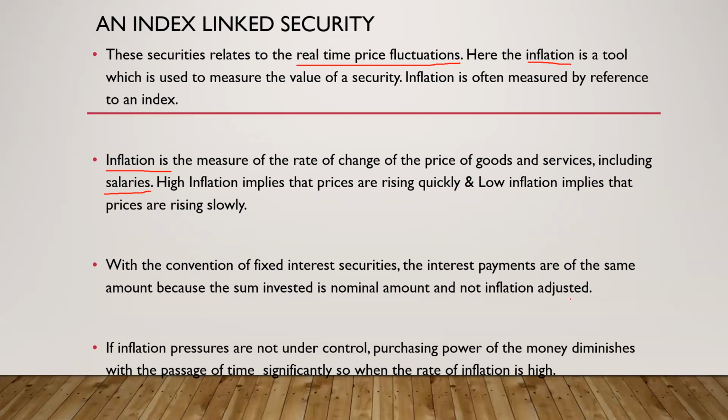So that was not taken into consideration. Only the face value or the amount specified in the contract while purchasing the debt instrument was clearly mentioned. That's all. So here, if the inflation criteria is taken into consideration, or if the real-time price fluctuations are synchronized with the actual value of the security or the investment product, then that behaves like an index-linked security.